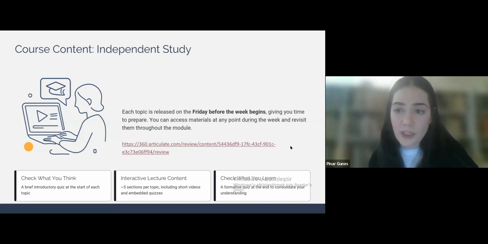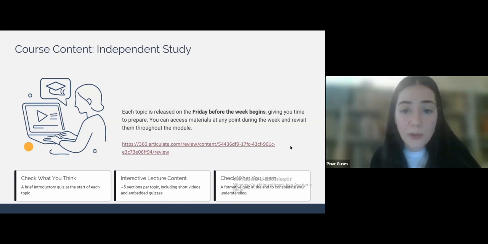This is for you to have time before so that you can prepare. As I said, you can access the materials through Canvas at any point after they are released during the week and revisit them throughout the module whenever you want.